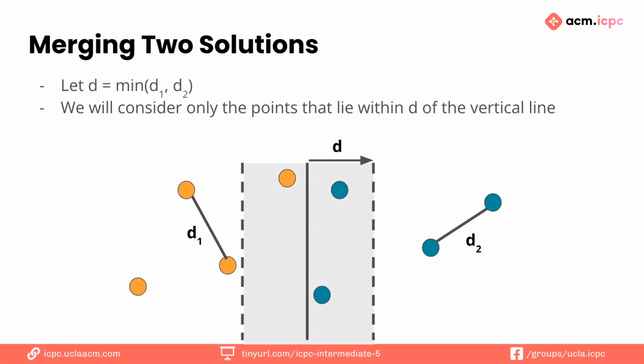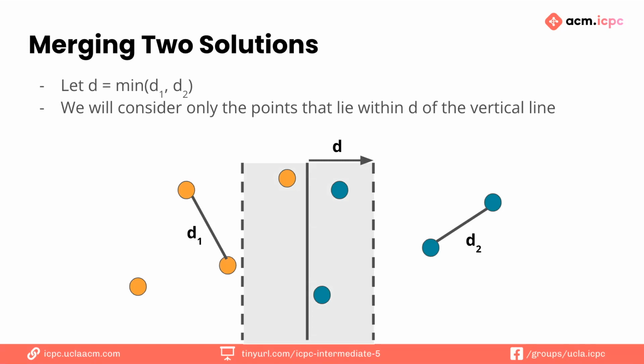Does anyone understand why we're reducing our search space like this? Would it be possible for the answer to be some point outside of the strip, along with some other point on the right? Would that be a possible solution or no? Yeah, it wouldn't be possible, right?